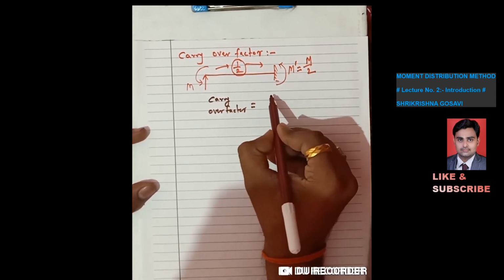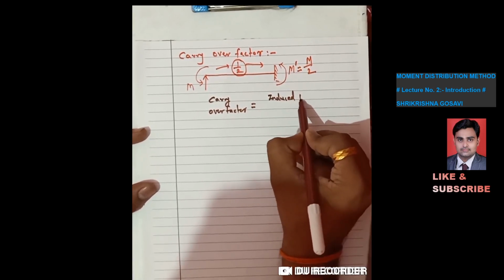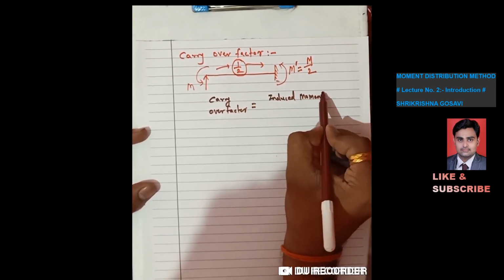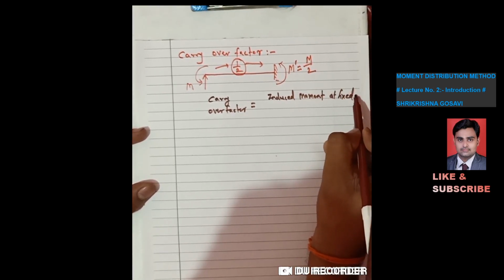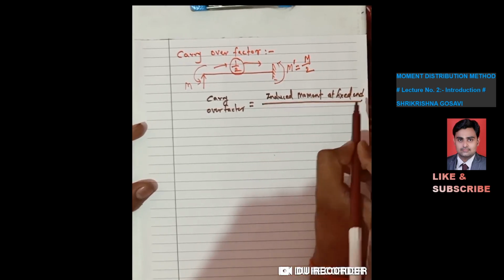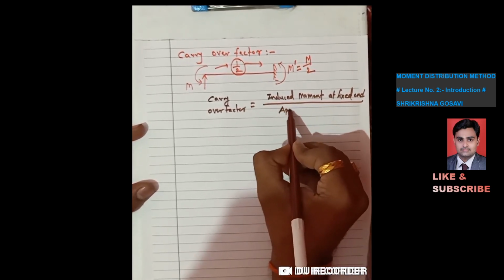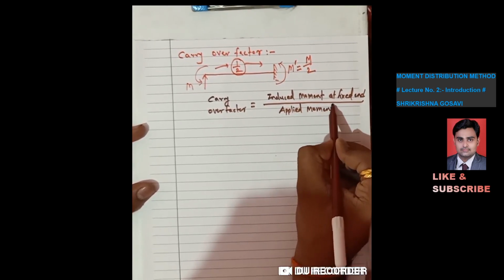The ratio of generated or induced moment, induced at the fixed end, divided by the applied moment.